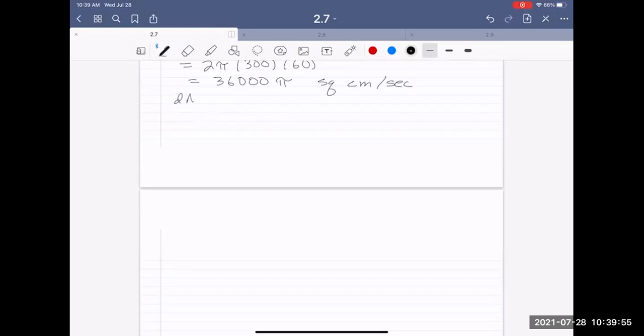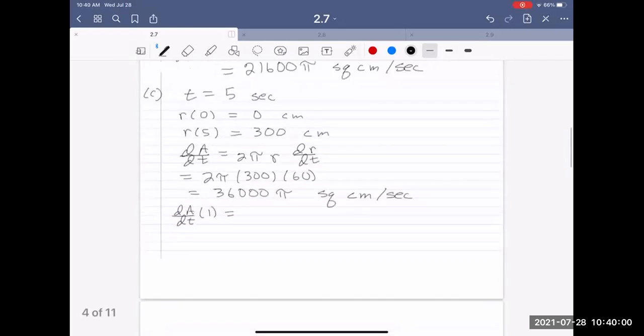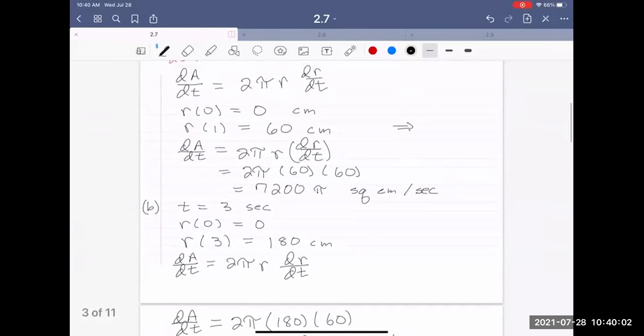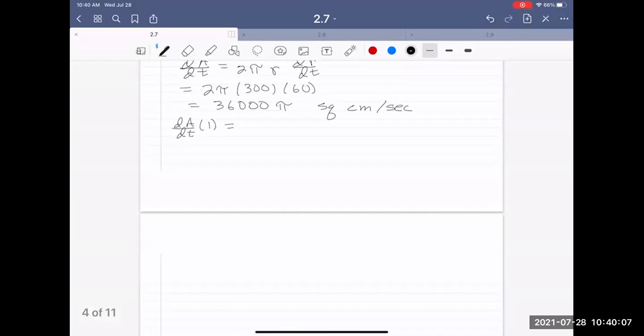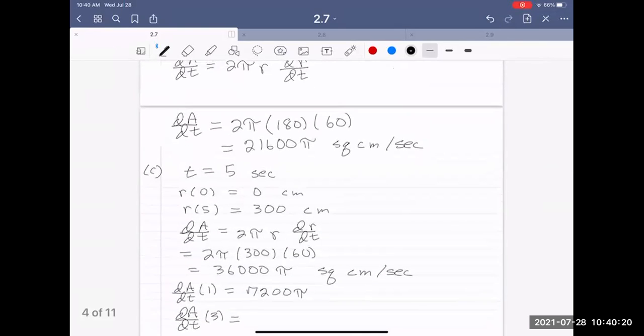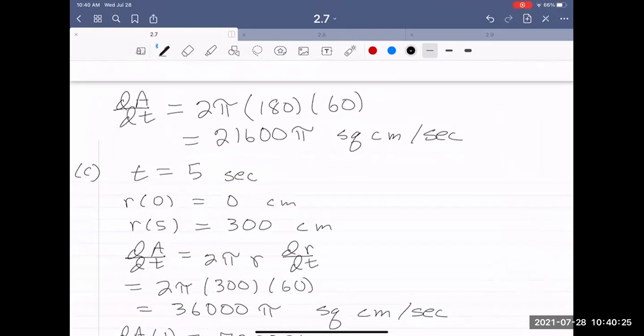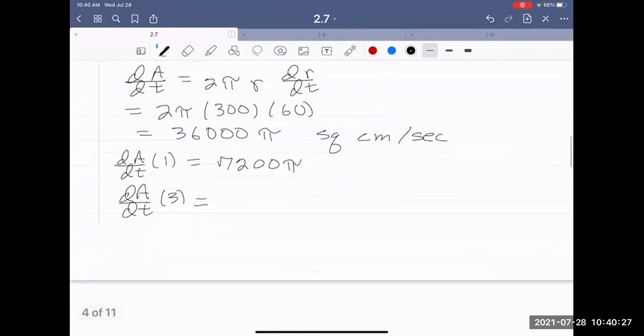So dA dt after 1 second was 7,200 pi. After 3 seconds, well, it's 21,600 pi.